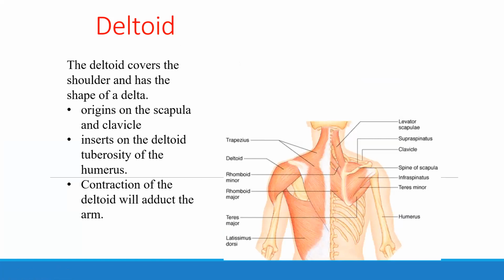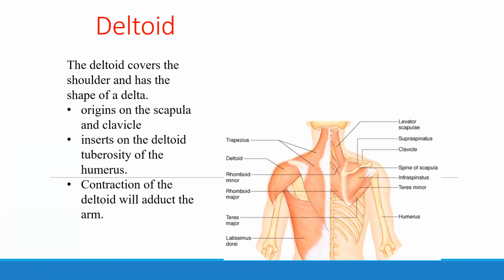The deltoid muscle covers the shoulder. That's where we get a lot of our injections. It inserts on the deltoid tuberosity. It allows you to bring your arm in closer. It adducts the arm. What do you need to remember? That it's the deltoid muscle, and it inserts on the deltoid tuberosity.